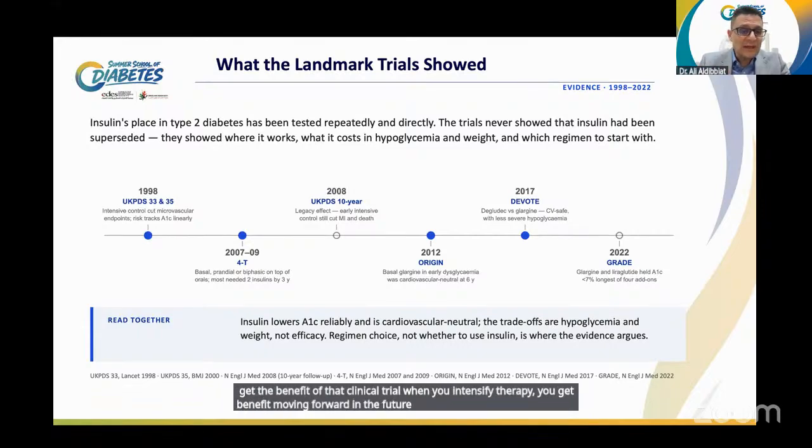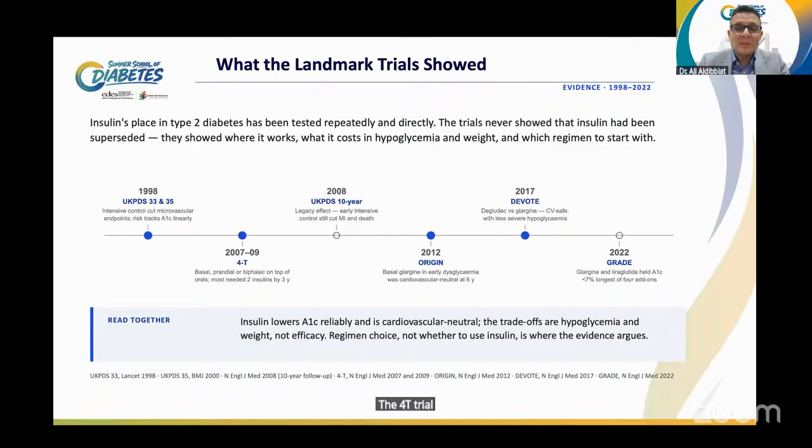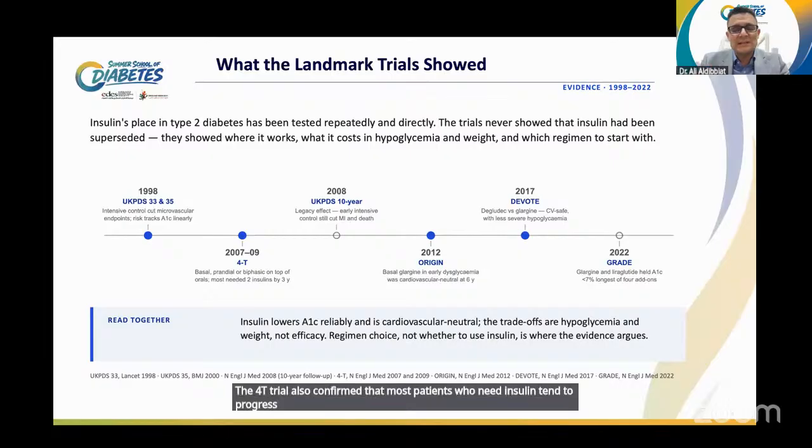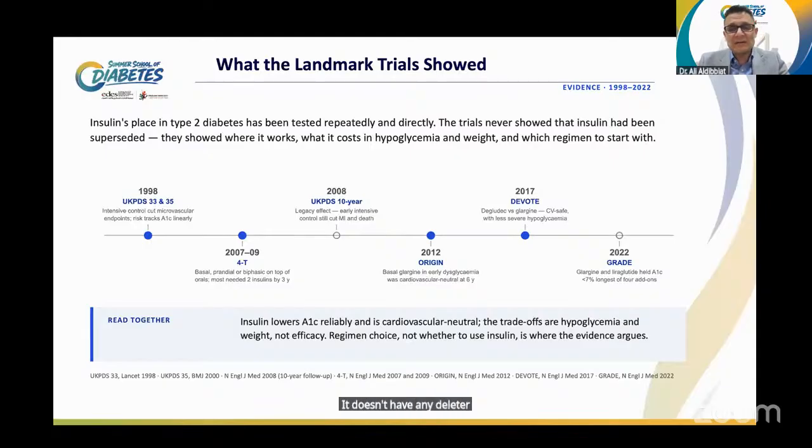The 4T trial also confirmed that most patients who need insulin tend to progress and need more and more insulin, but insulin tends to be safe. The ORIGIN trial showed that if you start insulin glargine early on, it doesn't have any deleterious cardiovascular effect even after 6 years. It was cardiovascularly neutral.